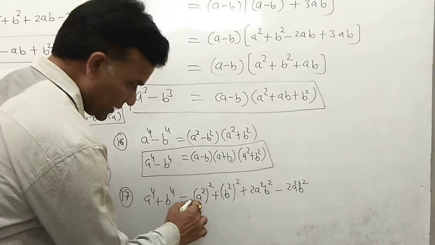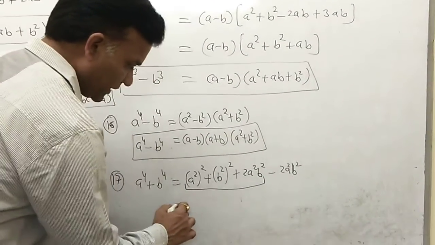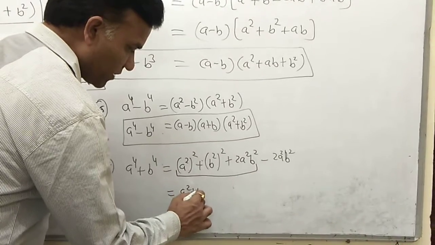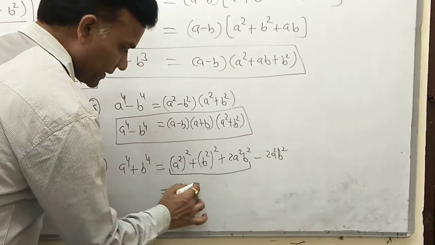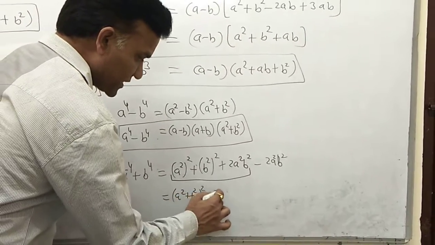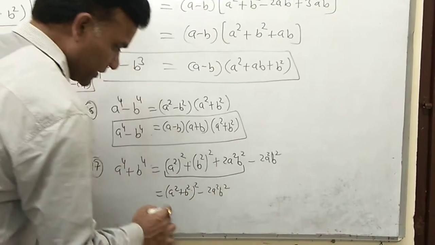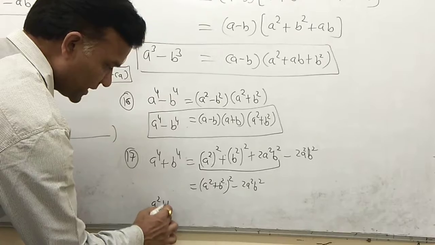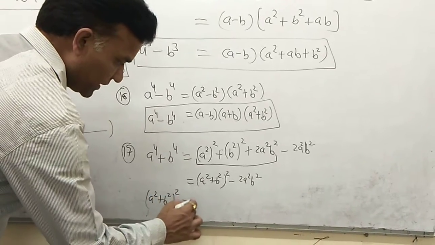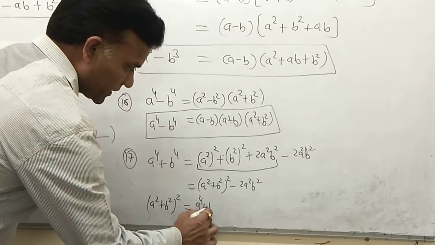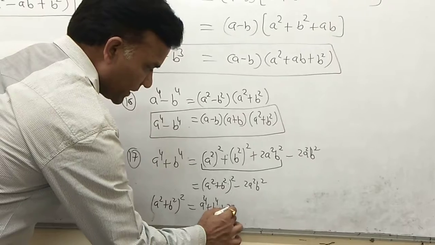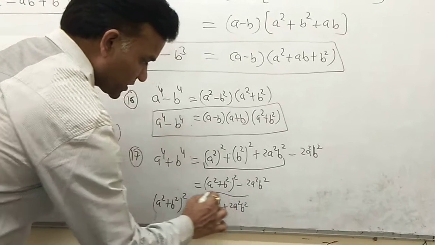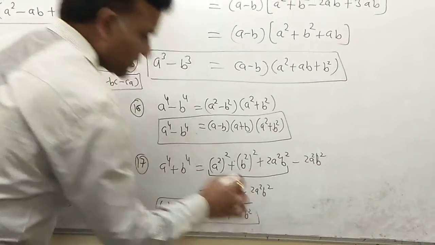So now this is the form (a square plus b square) whole square minus 2a square b square. So this is the identity: a to the power 4 plus b to the power 4 plus 2a square b square is (a square plus b square) whole square. One more formula you can write in this form.